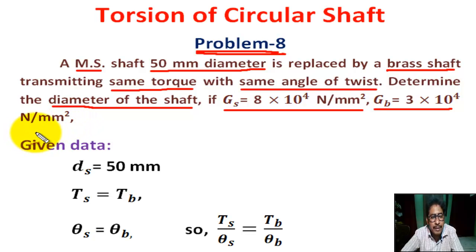In our problem, given data: DS, diameter of steel shaft, 50 mm.